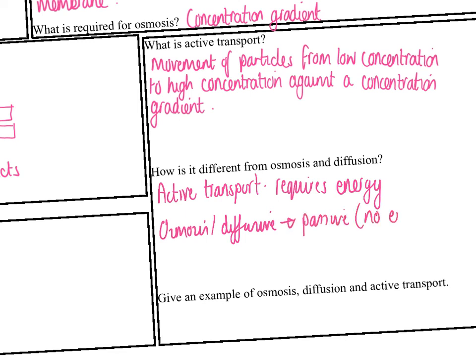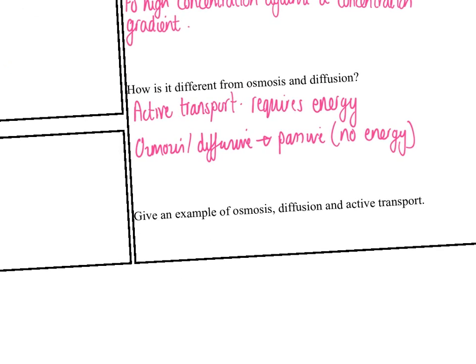And the reason that is, if you use the analogy of a hill on a bike, if you're at the top of the hill from high and going down low, you can just start going and the wheels will go for you. Your legs can be out, you haven't got to pedal. Okay? Give an example of osmosis, diffusion and active transport. So diffusion would be of carbon dioxide and oxygen going into our lungs, into our cells. Osmosis would be water into roots.